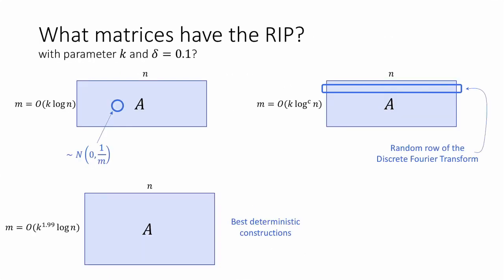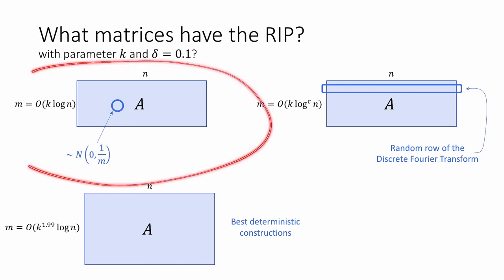Okay, so now that we've somewhat motivated the restricted isometry property, we might ask what matrices have the restricted isometry property, with some parameter k and let's say delta equals 0.1. And in particular, how few rows can we get away with? For our applications, we're going to want the target dimension m to be small. There's a lot that's known here, but here's some of what's known.